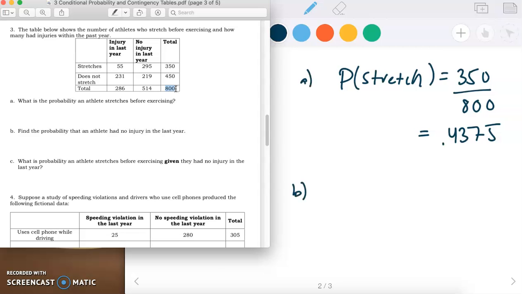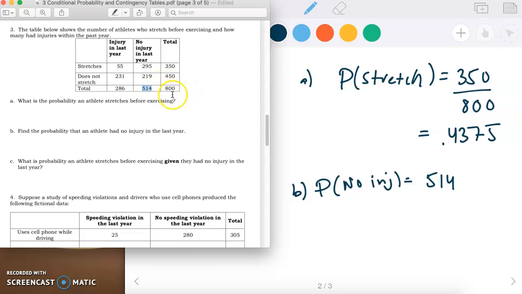Part B says, find the probability that an athlete had no injury in the last year. So now instead of looking at these rows here for stretches, we're looking just for the column of no injury in the last year at all. So in this case, we're actually looking for this number right here, this 514. So the probability of no injury is going to equal 514, because again, that's the total number of athletes that did not have an injury in the last year.